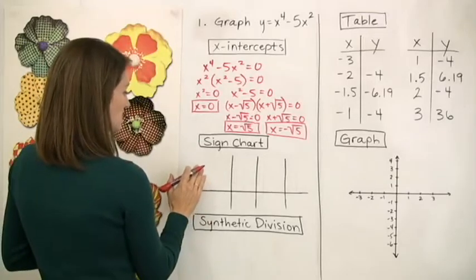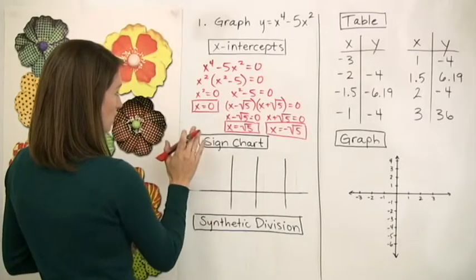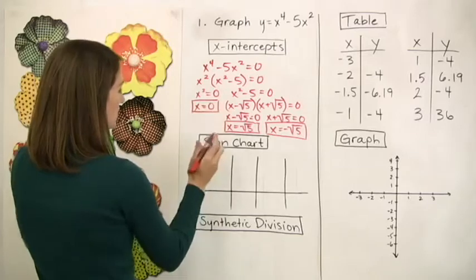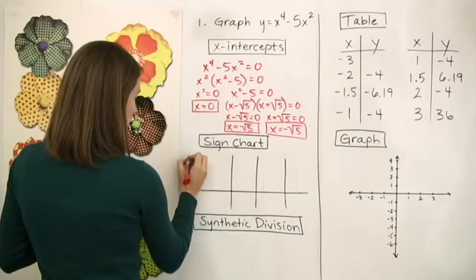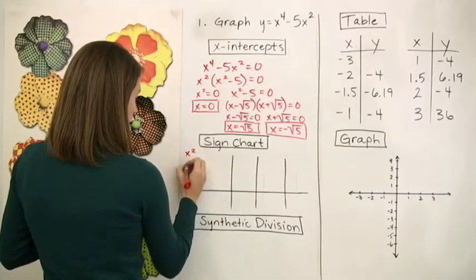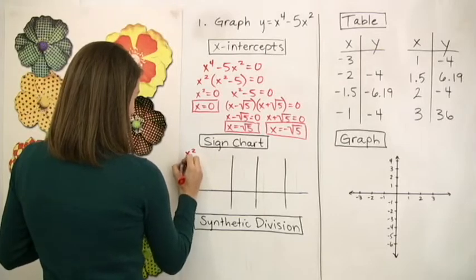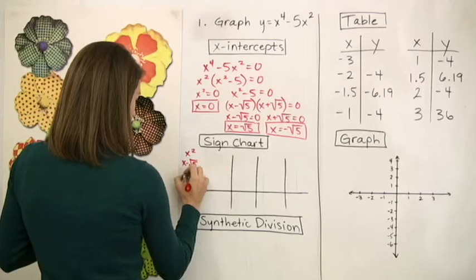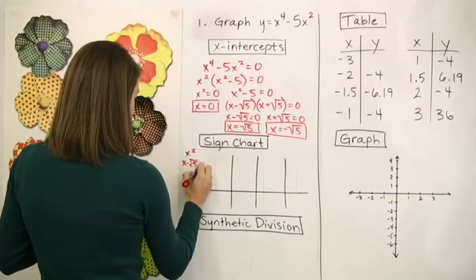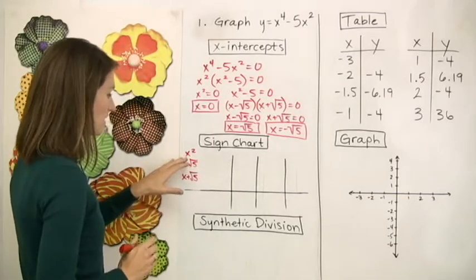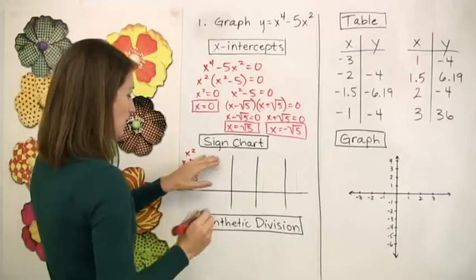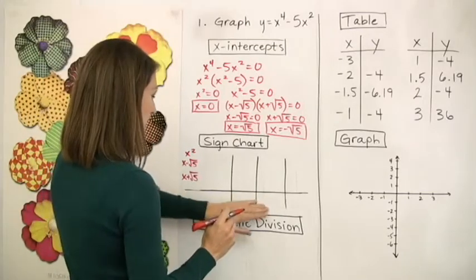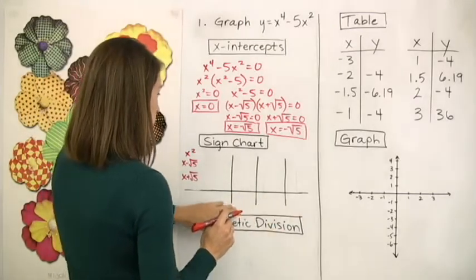So we need to figure out the signs, the positive and negative values for y in our function. So let's find the sign for x squared, the sign for x minus the square root of 5, and the sign for x plus the square root of 5. So for x squared, actually we need to add in our x-intercepts here.